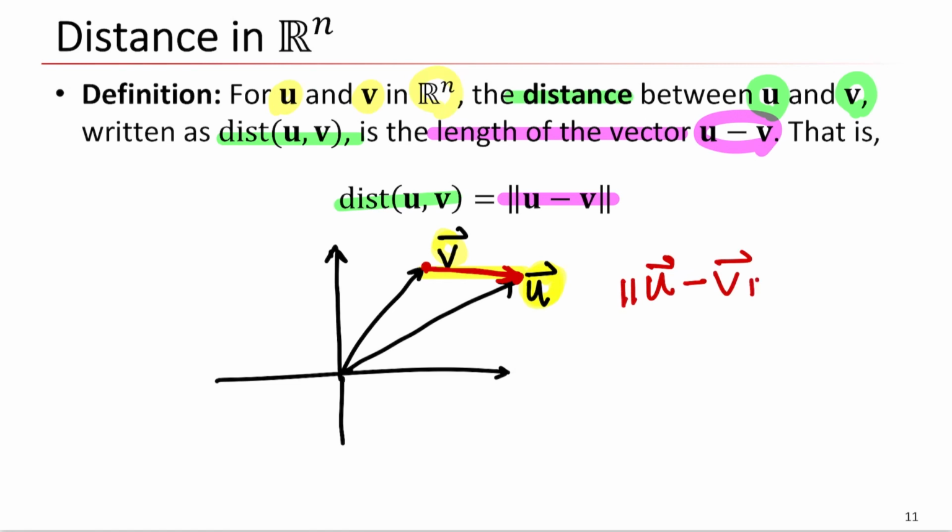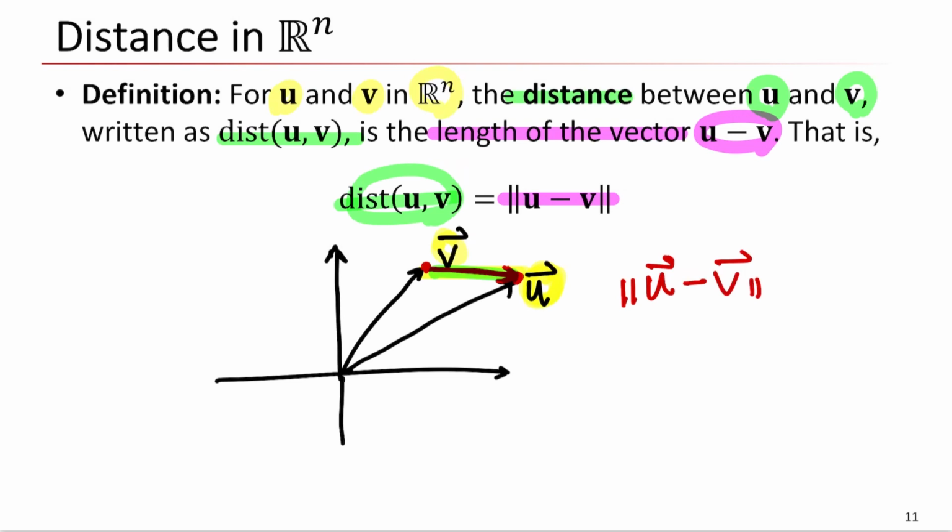So the length of U minus V is equal to the distance between U and V. So the distance between vector U and vector V is defined as the length of U minus V. This is very intuitive, right?